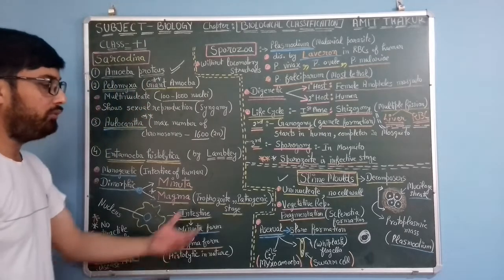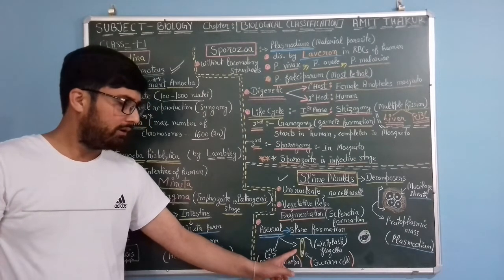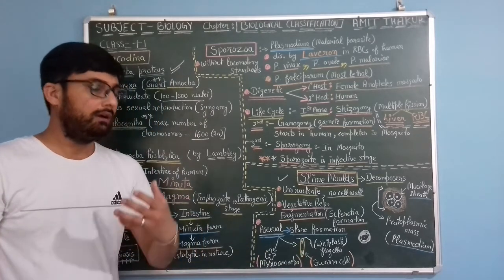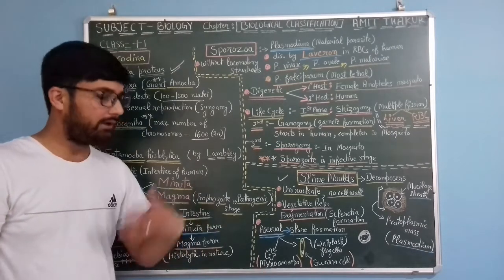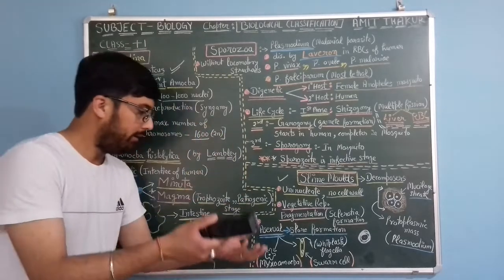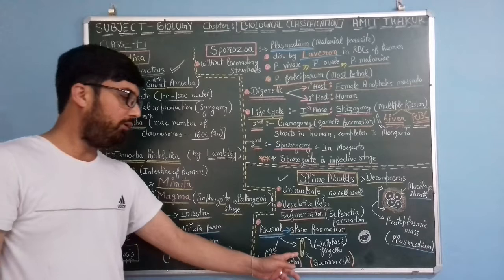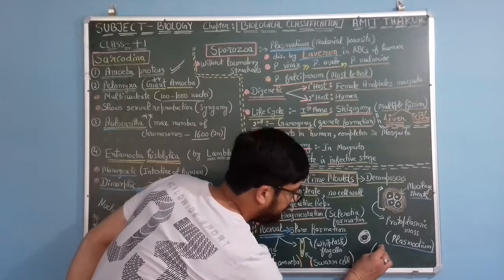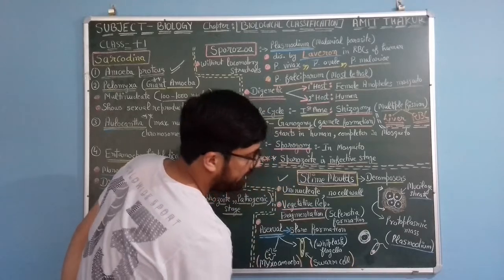When it comes to sexual reproduction, this swarm cell sometimes loses its flagella and becomes myxoamoeba after some time. This myxoamoeba again gives rise to two daughter bodies quite similar to the parent body. And one more way: say this is a swarm cell, with its flagella and nucleus.